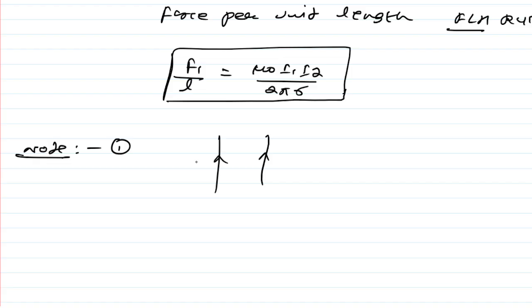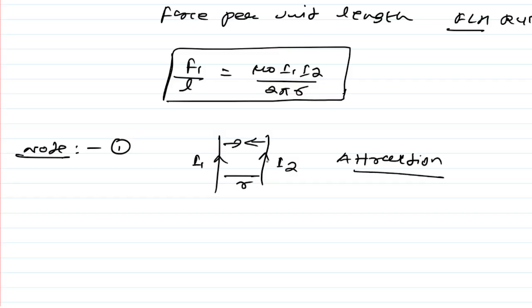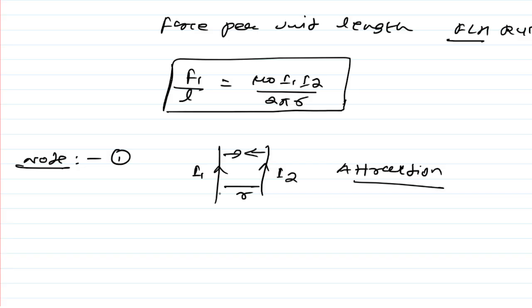suppose I1 and I2, the first case when they are flowing in same direction, so force is of attraction type, attraction, this will be attracted towards this and this one will be attracted towards first one. Second possibility, in the first conductor current is flowing, let's say in opposite direction to the second one.